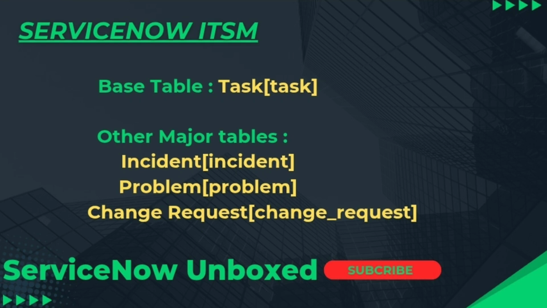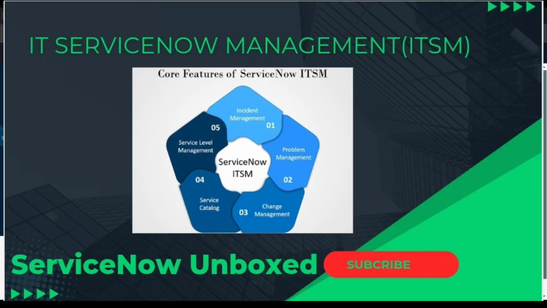Similarly, we have this base table which many other tables extend, and that base table has pre-configured client scripts, business rules, everything configured and given by ServiceNow. It has many fields and many policies, and they can be leveraged by other tables. So they extend it basically.